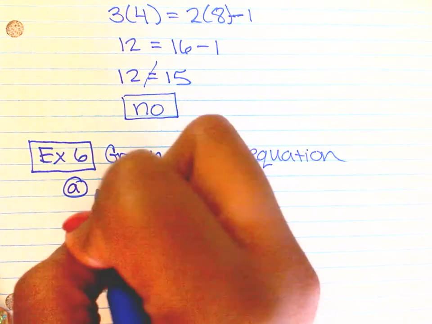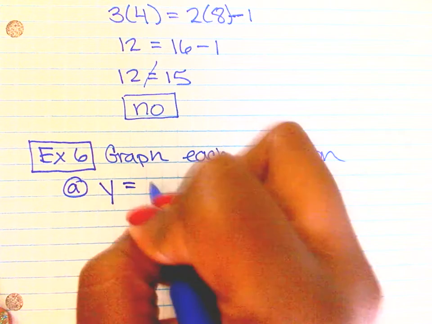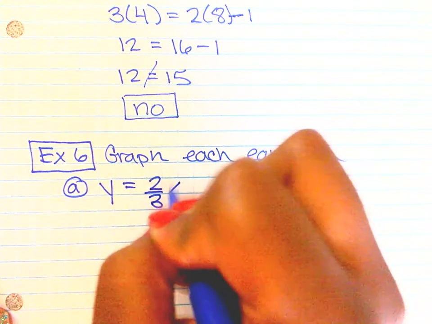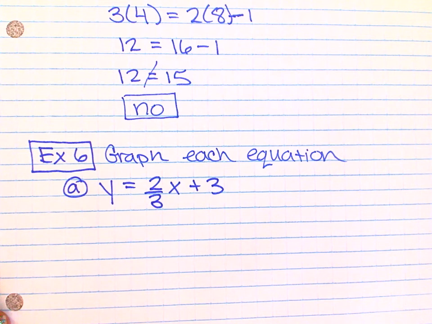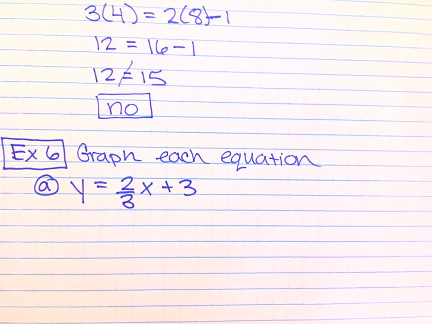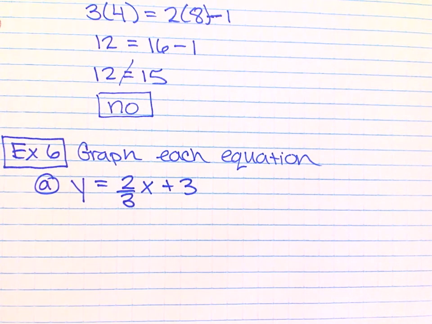So we have y equals 2/3 x plus 3. When you do a graphing problem, you need to examine that equation, find the slope, and find the y-intercept so you're able to graph.